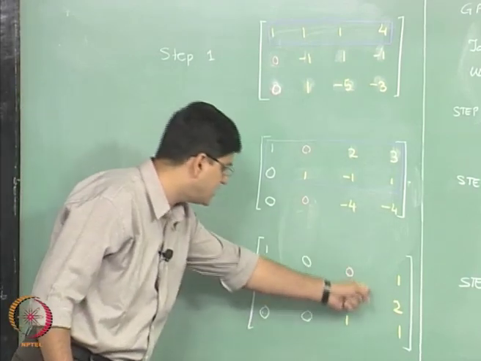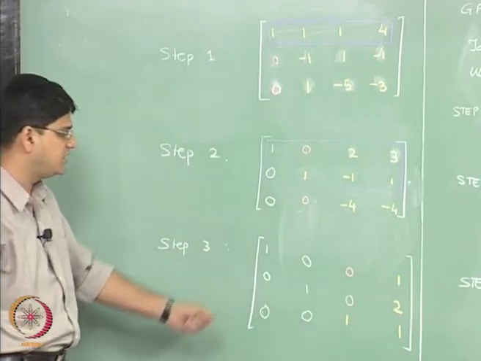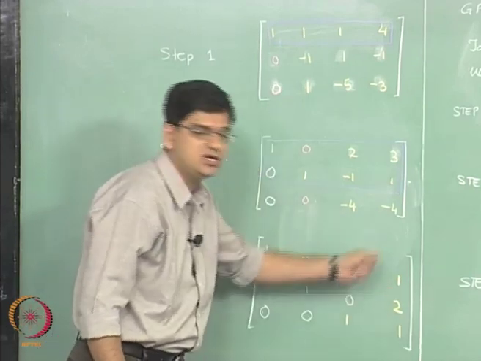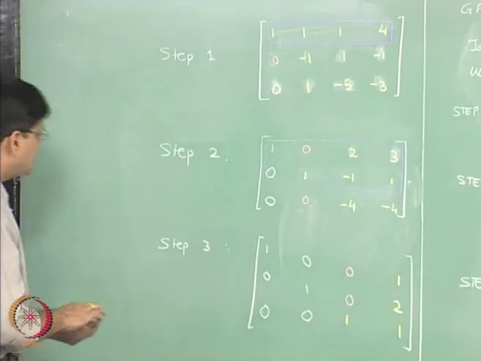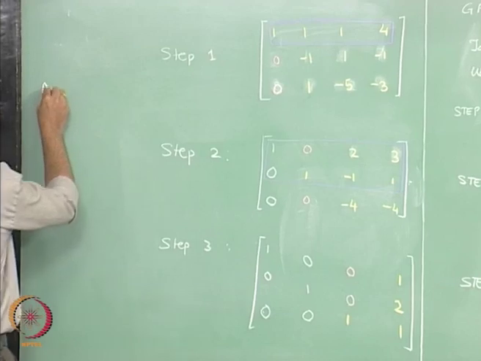The matrix A has been converted into an identity matrix, and the matrix B has been converted into a solution matrix. So what happens at the end?